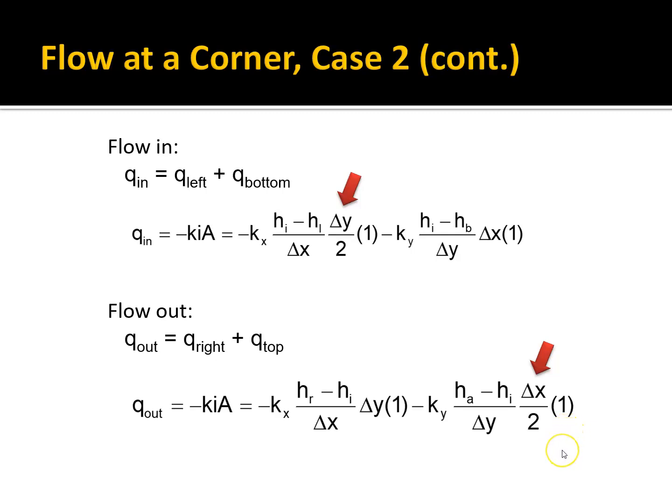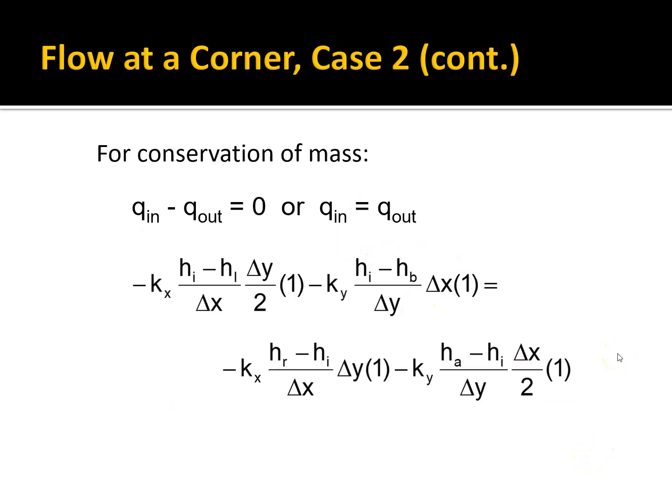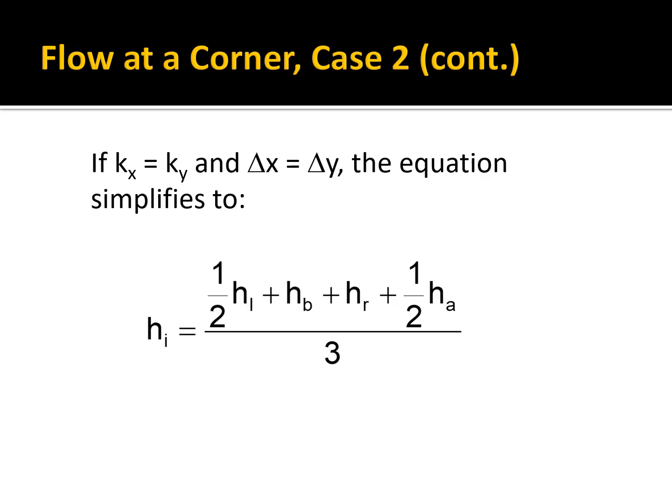Again, same thing we had before in our formulation number 2, but we have delta y over 2 and delta x over 2. If you apply conservation of mass and set those equal to one another, and if you assume kx equals ky and delta x equals delta y, the equation simplifies to this: 1/2 h sub l plus hb plus hr plus 1/2 h sub a, over 3.